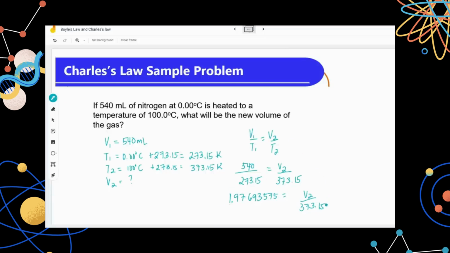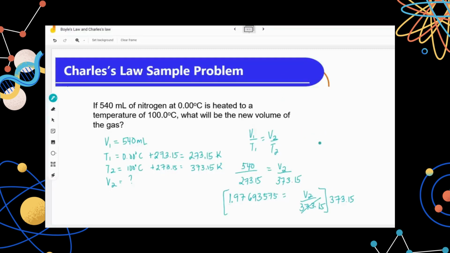Okay, so para matanggal tong 373.15 sa baba, i-multiply natin lahat sa 373.15. Para matanggal ito. Si 373.15, i-multiply din natin siya sa kaliwa.